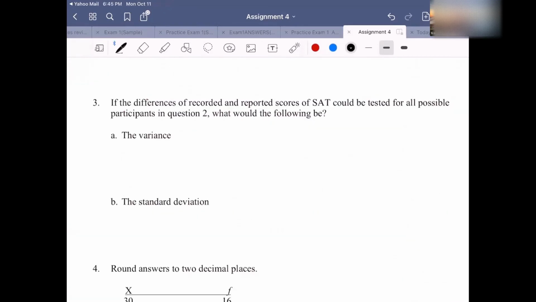Number 3, Laith, can you read it out loud for me? If the differences of recorded and reported scores of SAT could be tested for all possible participants in question 2, what would the following be? All right. So how do you guys do this?